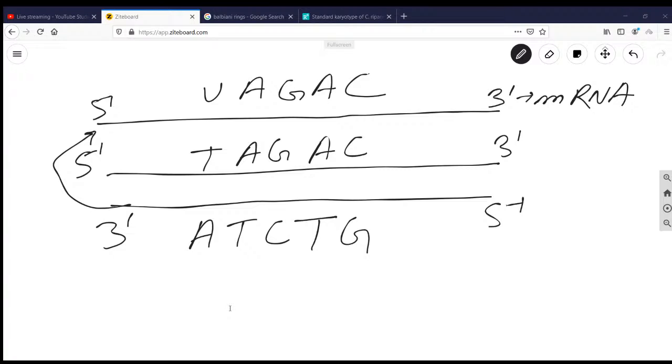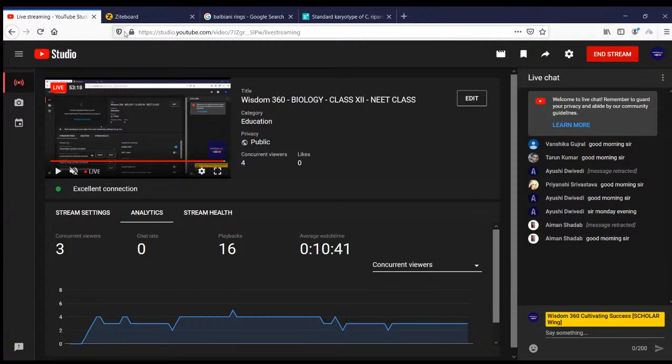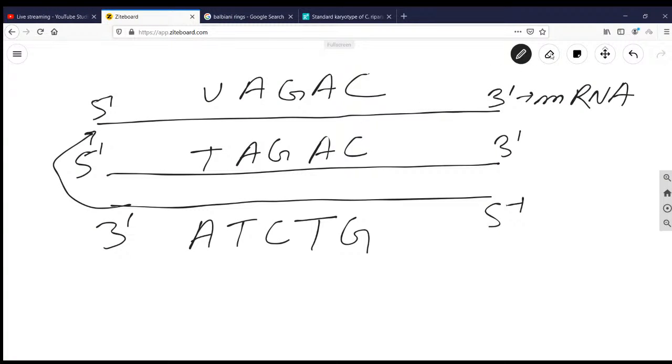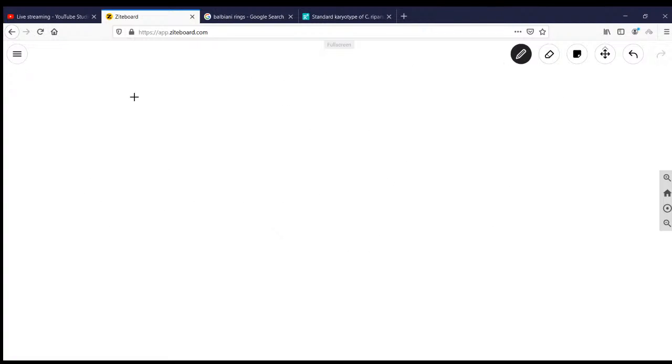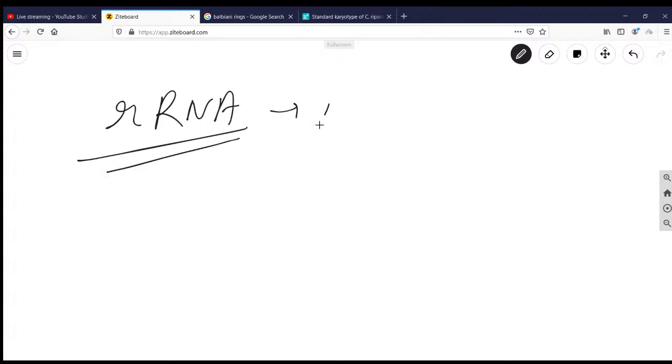Ribosomal RNA is actively synthesized in the nucleolus. So rRNA, which is present at the highest abundance inside the cell, is produced in the highest concentration in the nucleolus. Always remember rRNA. And the nucleolus is a specific nuclear body.